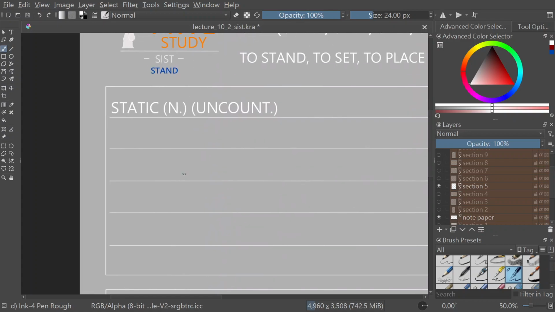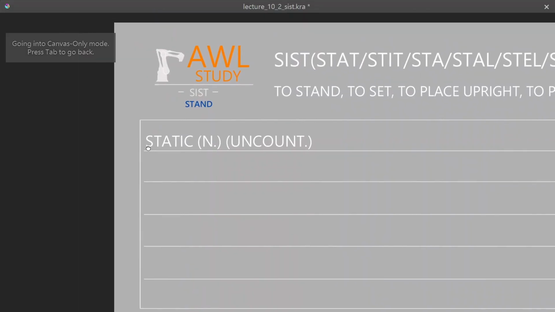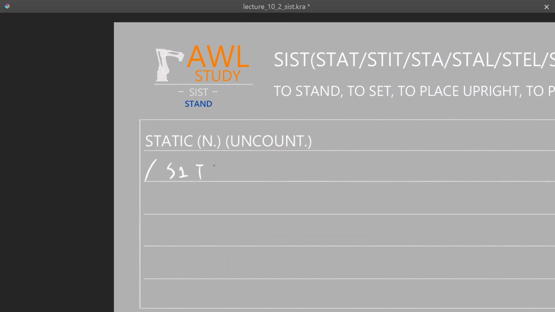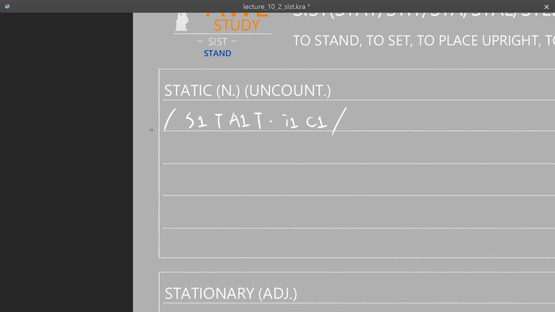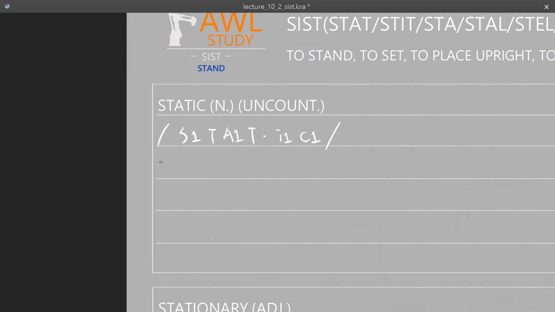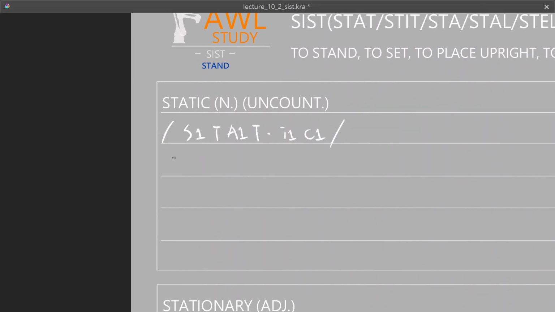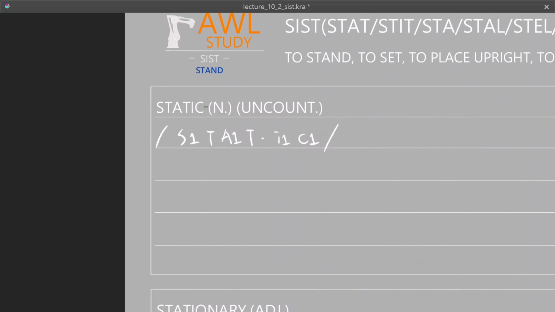Next, we have static as a noun. So static is the same as the adjective form of static.